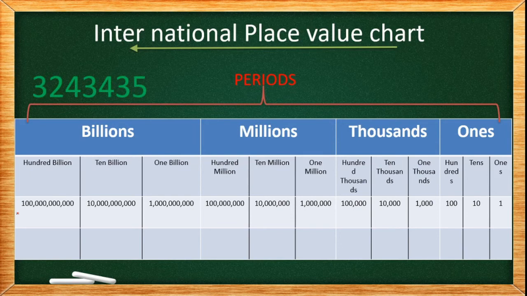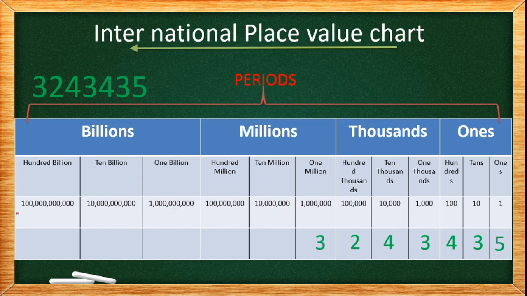Here, the same number in international place value system. 5 will go to ones place, 3 in tens place, 4 in hundreds place, 3 in 1000s place, 4 in 10,000s place, 2 in 100,000s place and finally 3 in 1 millions place.